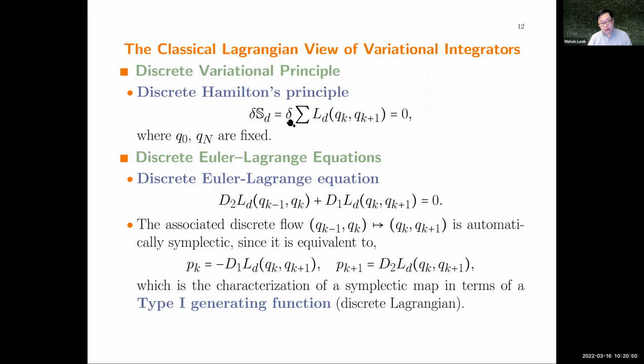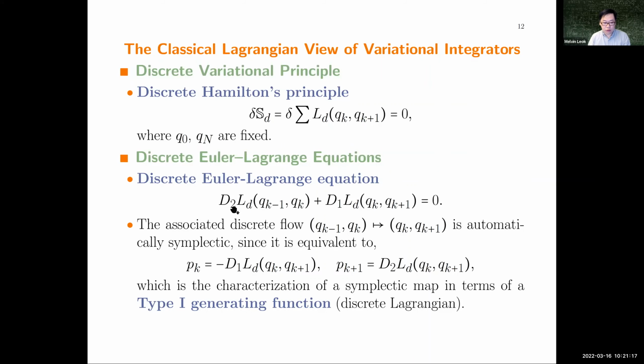The discrete version of Hamilton's principle states that the discrete action sum is stationary when you fix the endpoints. When you write down the corresponding stationarity conditions, you get the following discrete Lagrange equations, where D2 means differentiating with respect to the second slot, and D1 means differentiating with respect to the first slot.